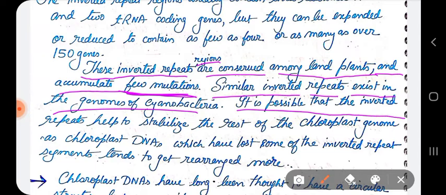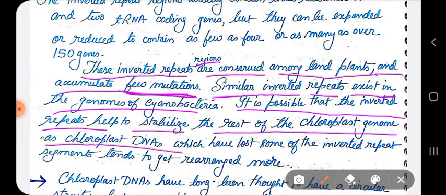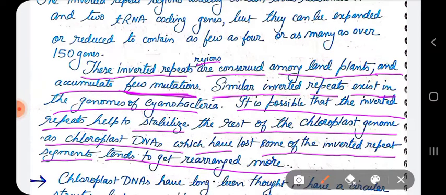It is possible that the inverted repeats help to stabilize the rest of the chloroplast genome, as chloroplast DNA lost some of the inverted repeat segments, which tend to be rearranged more and more.